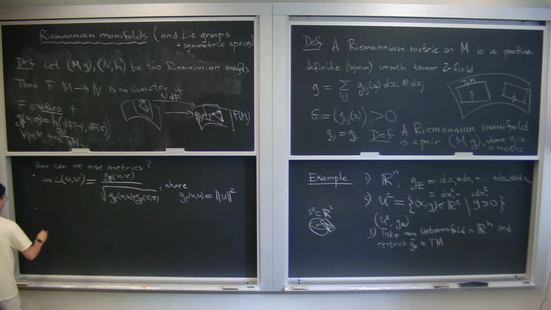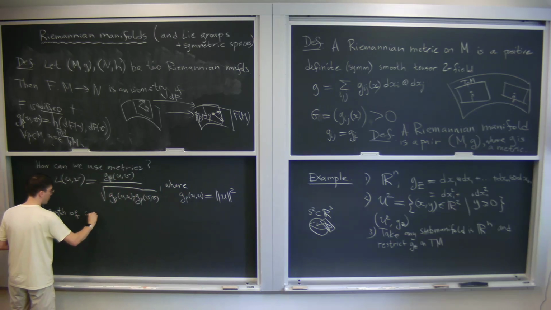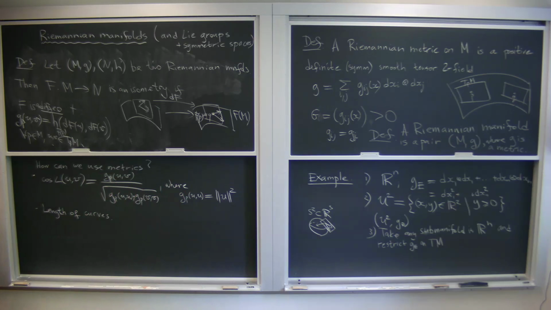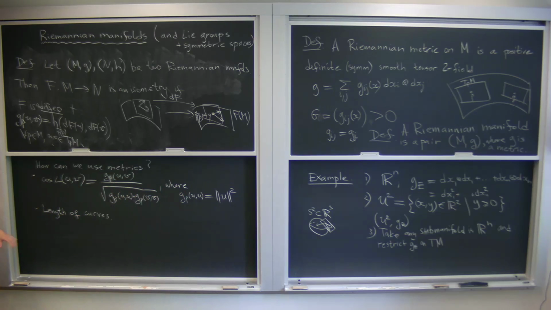let me just write it down for the length of curves. We will just use the standard formula for the length of a curve in R^n, but we will modify it with respect to the fact that now we are not in the Euclidean metric, but in some metric.